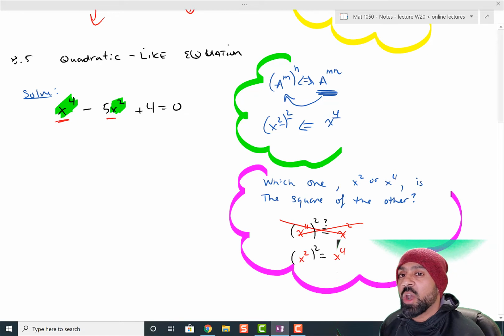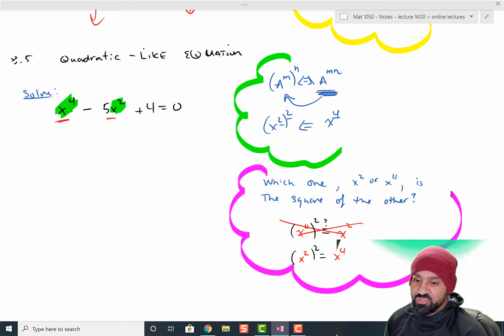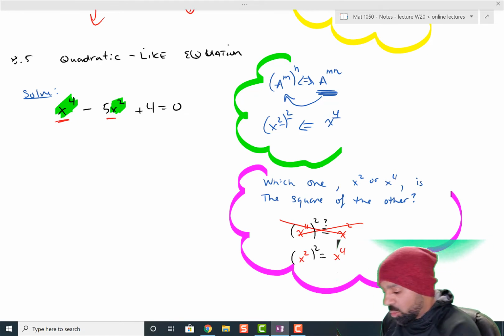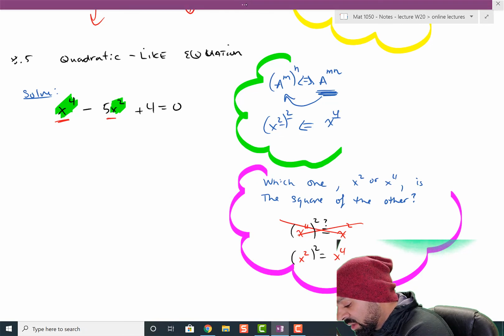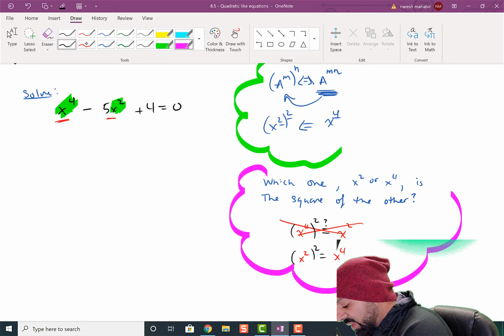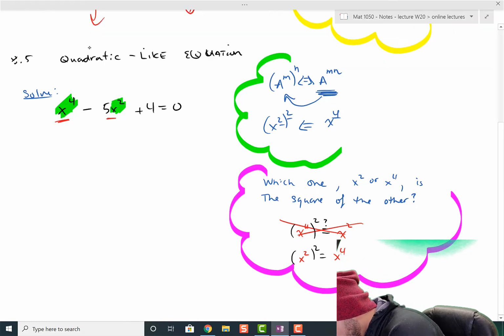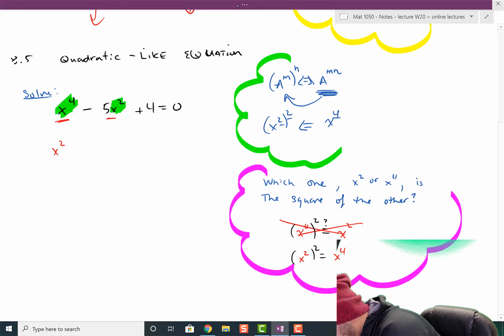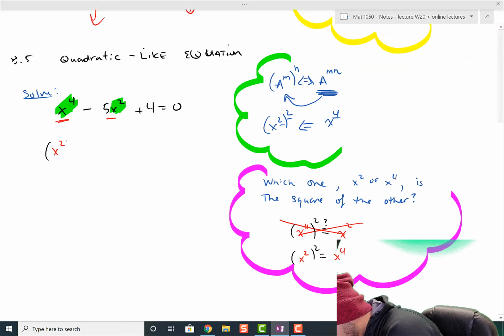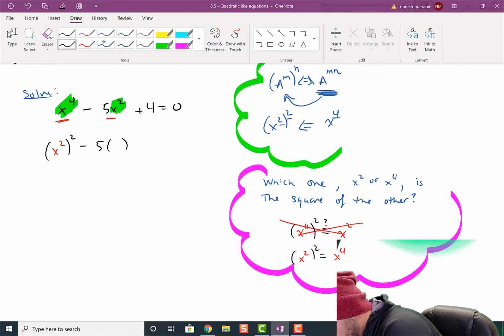Because not everything is quadratic-like or quadratic-ish. Some things are much more than quadratic-like. Okay? So check this out. Well, that means I could rewrite this. That means that I could rewrite x to the fourth as x squared, all squared, with that same x squared that's here.